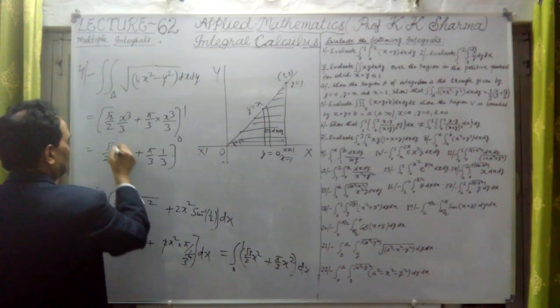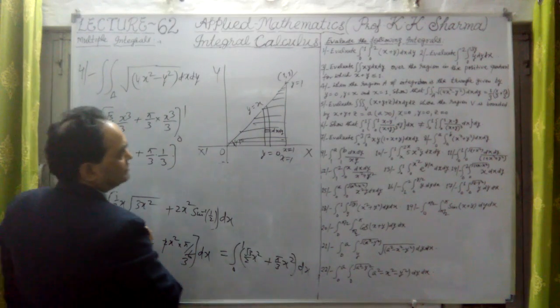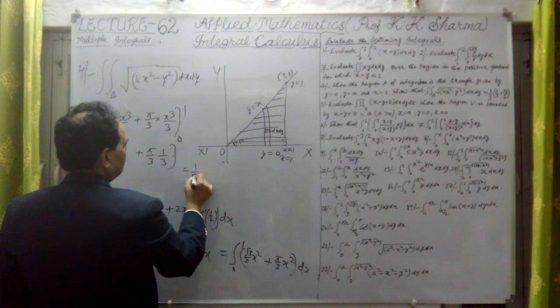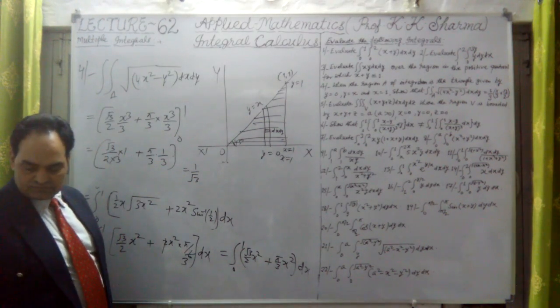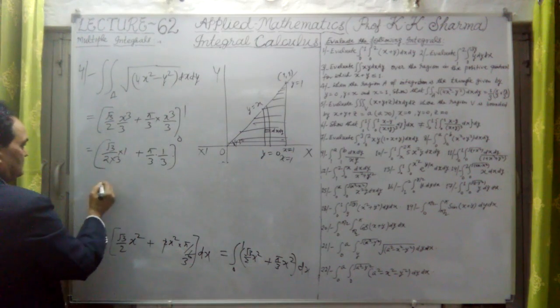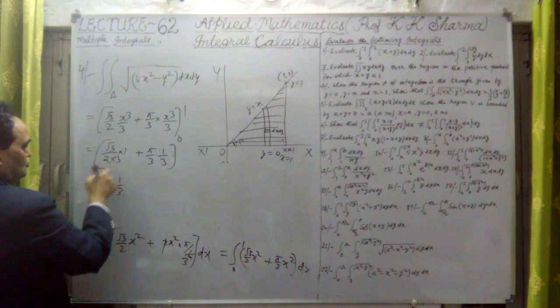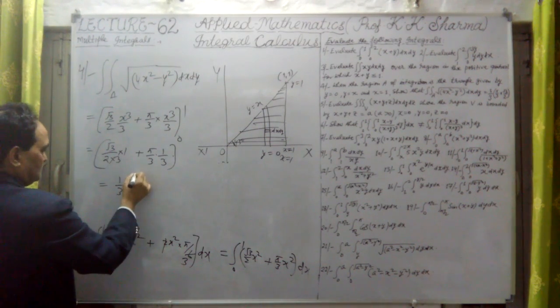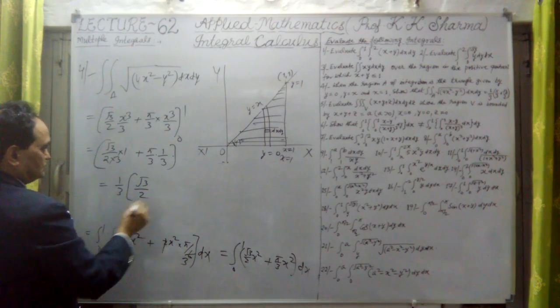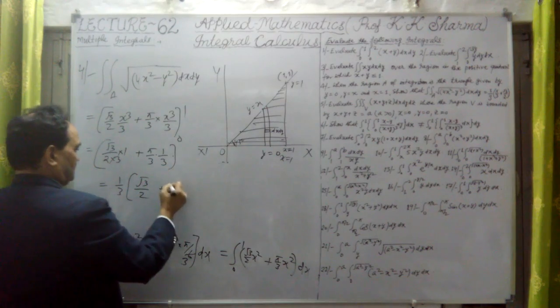This value. What is common here? Common is 1/3, that we take. Sorry, 1/3 common. We take here common as 1/3 and write here, within bracket, root 3 upon 2 first plus pi by 3.